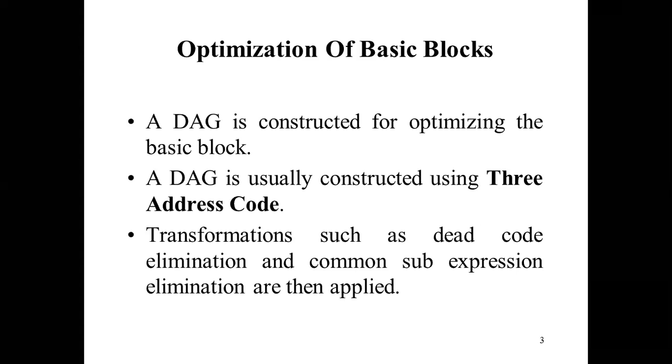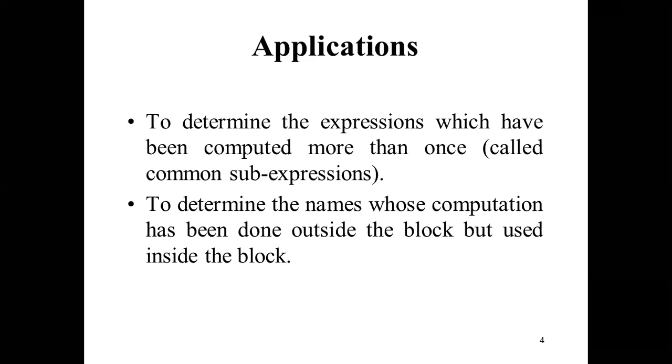In the given expression, there is the involvement of a large number of identifiers, or we can say variables or operators. Then we try to reduce that expression with the help of the 3 address code technology. We also remove the dead code and the common sub expression, and after that we can draw the directed acyclic graph. So we can say it is a compact form.